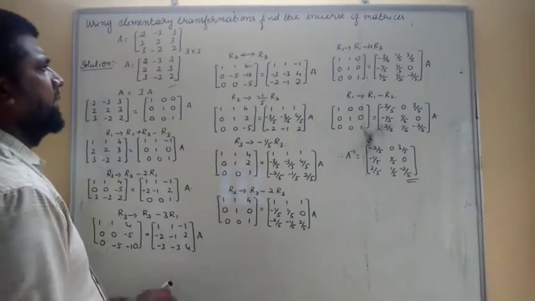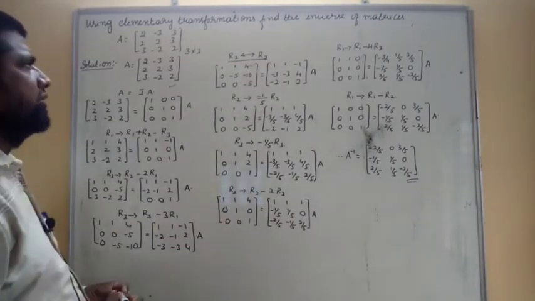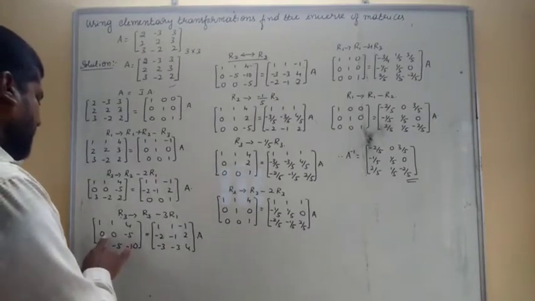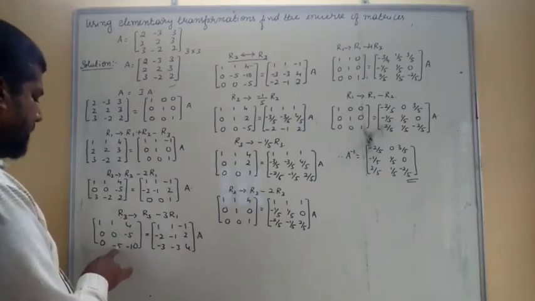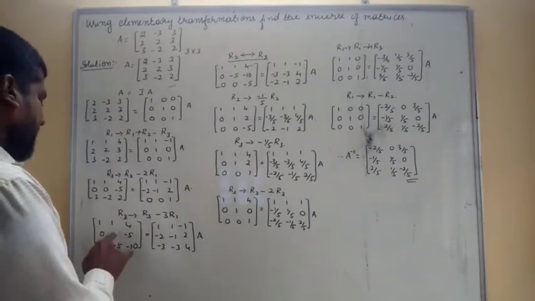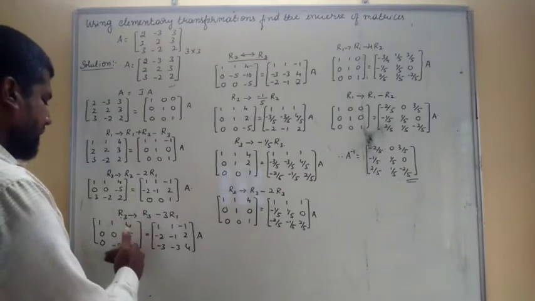So what is the next step here? R2 changes to R3. So we have to shift here R2, because here in the second row 0 0 minus 5 is there. In the third row 0 minus 5 minus 10 is there. So in this second row you should get 1 here. So we are shifting the second row to the third and third row to the second.